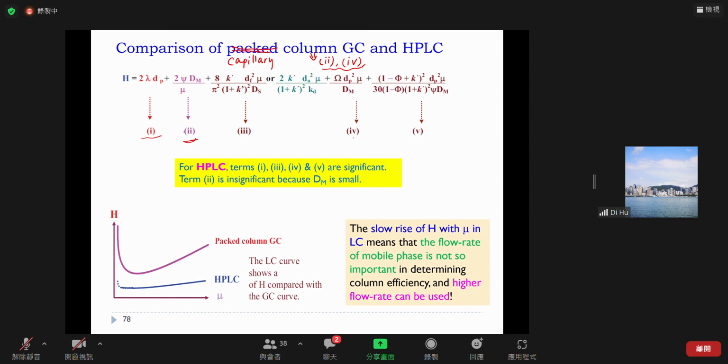However, for HPLC we have term 1, term 3, term 4, and term 5.